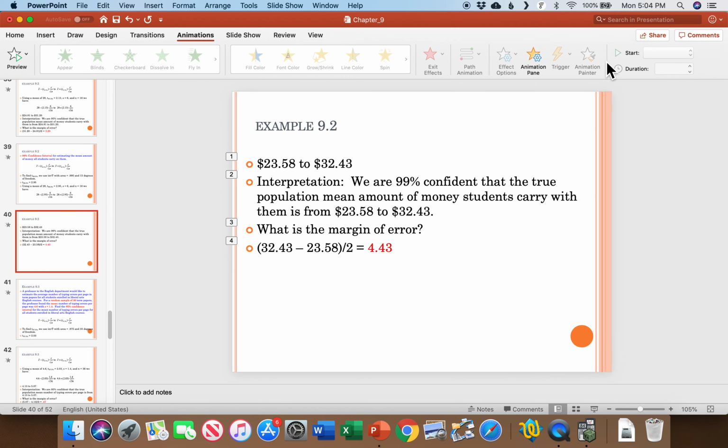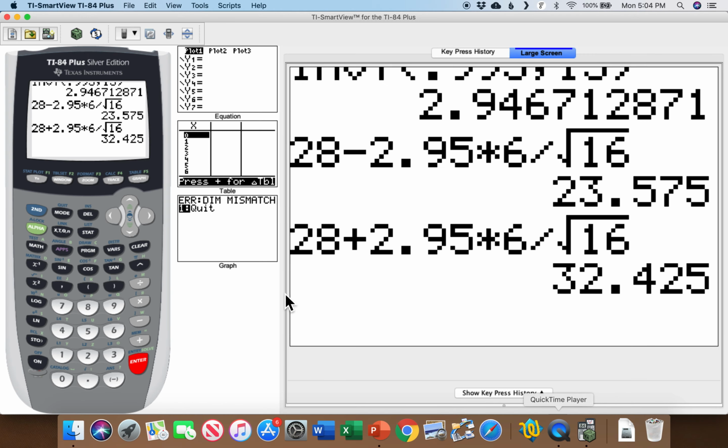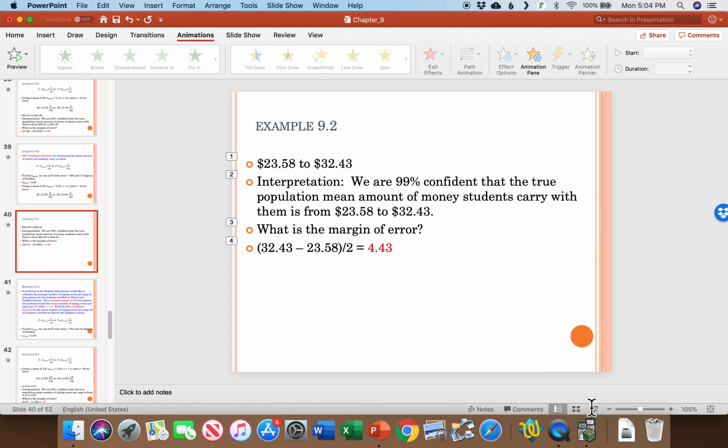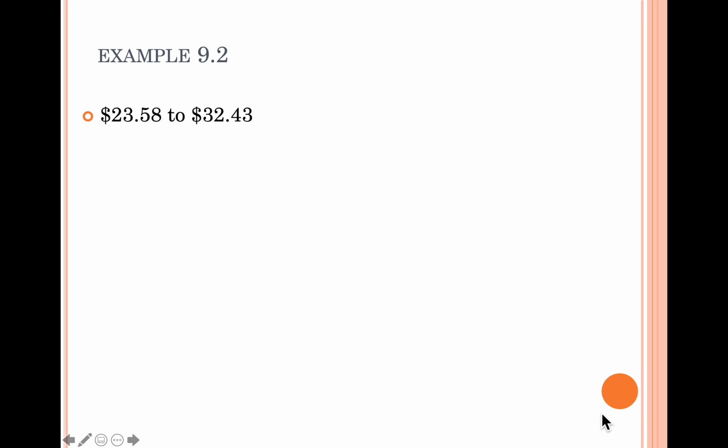Looks like I have a slightly different answer. Oh, 32.43, because the 5 here bumps this 2 up to a 3. So 23.58, 32.43. And that is our answer.